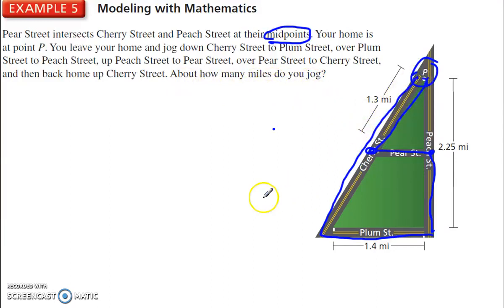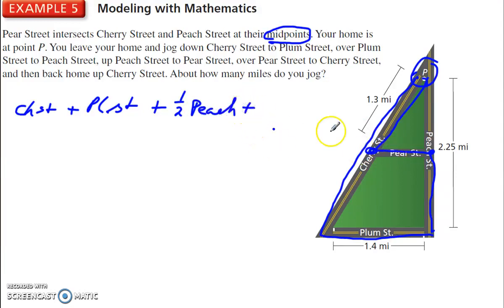All right, let's see. We went from Cherry Street, then plus Plum Street, and then we went up half of Peach Street, then we went down Pear, and then we went up half of Cherry.